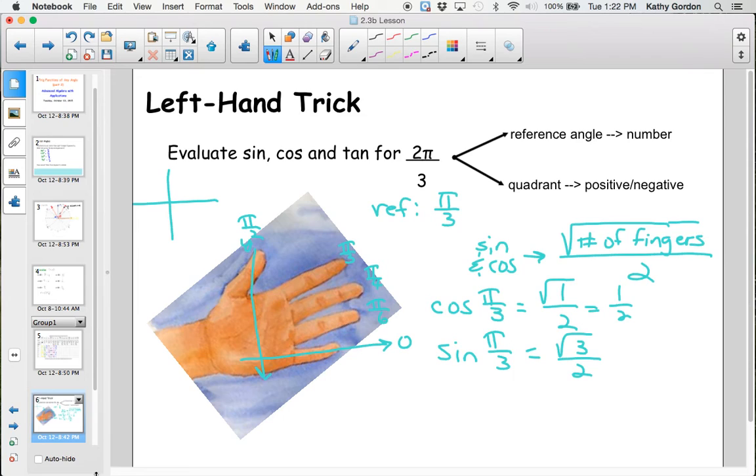You got to get better at this. 2 pi over 3. Which quadrant is it in? 2. It's over here. So if I'm in quadrant 2, is cosine positive or negative? Negative. Is sine positive or negative? Positive. So for 2 pi over 3, I get a negative 1/2 and a positive square root of 3 over 2.